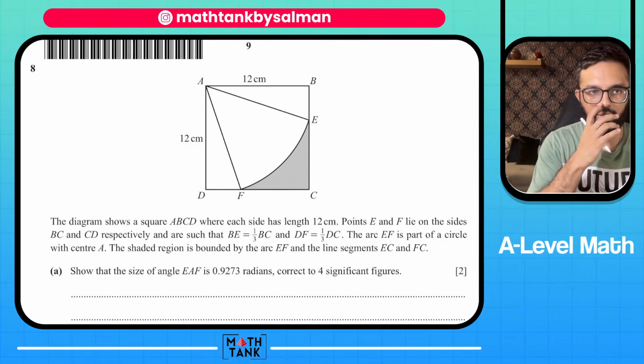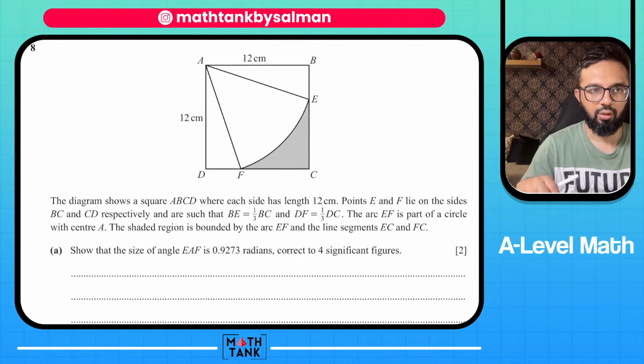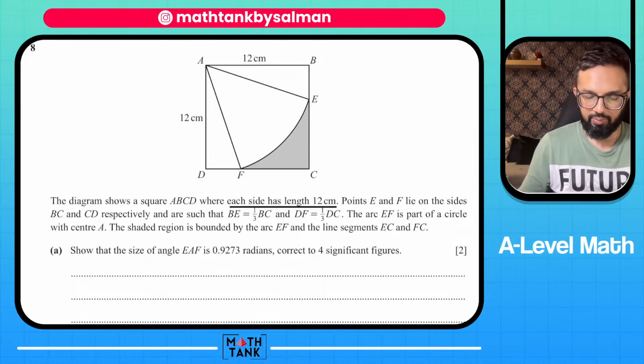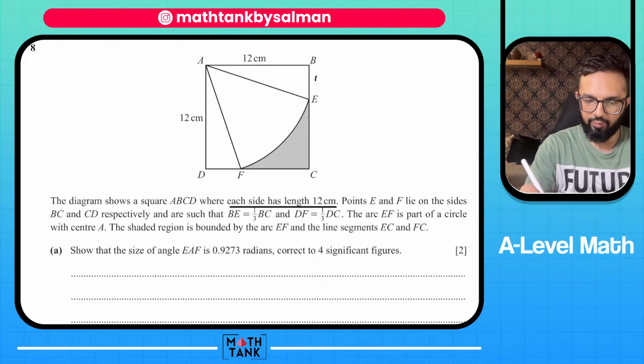Okay, question 8. The diagram shows a square ABCD where each side has a length of 12. Points E and F lie on the sides BC and CD respectively and are such that BE equals 1/3 of BC. So that should be 4 and that should be 8 if it's a square.